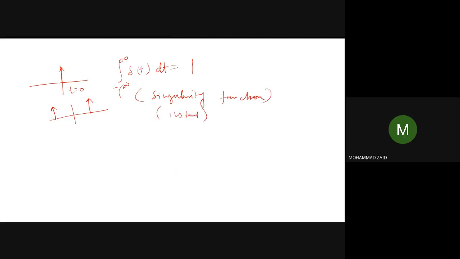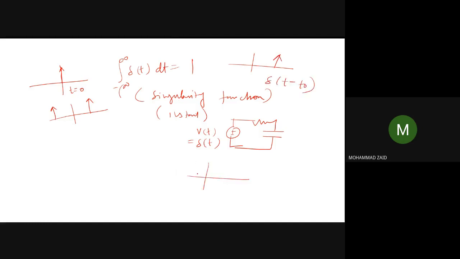Somebody can ask you a numerical problem: what will be the response of this RC circuit if the applied voltage v(t) is equal to delta(t)? You can shift this either side. If you shift it, it will become delta(t minus t naught).